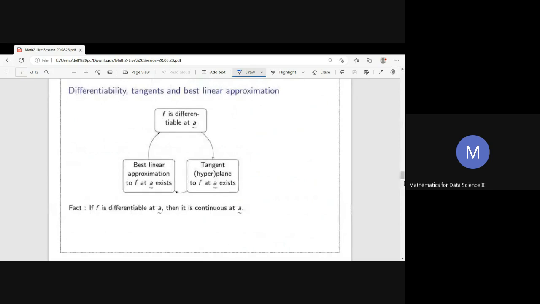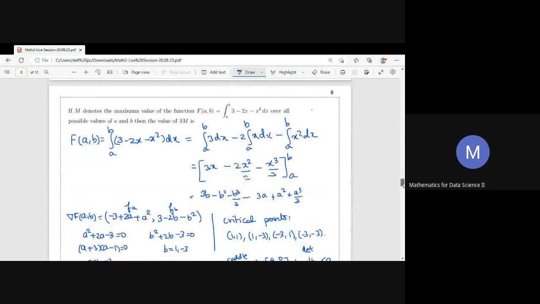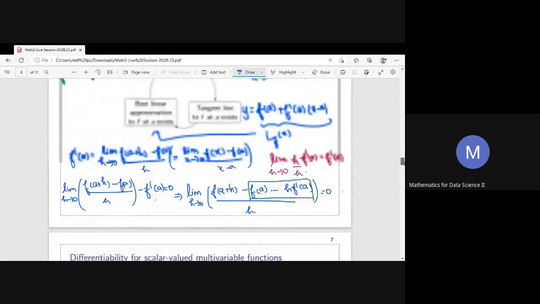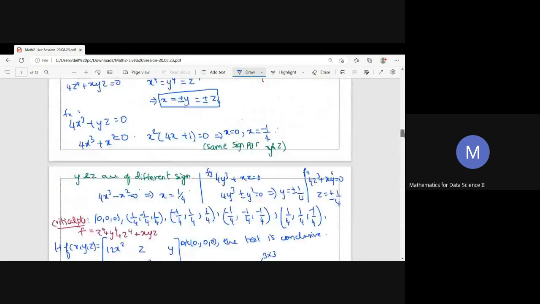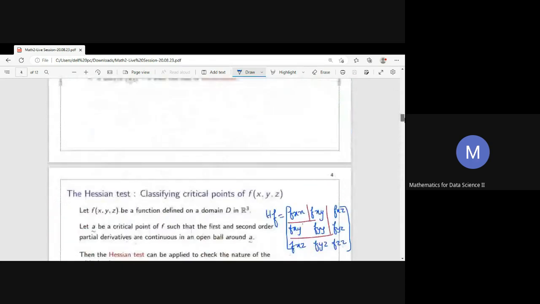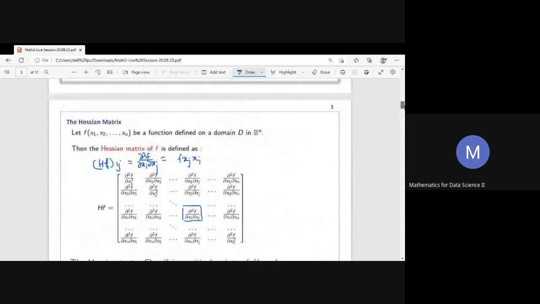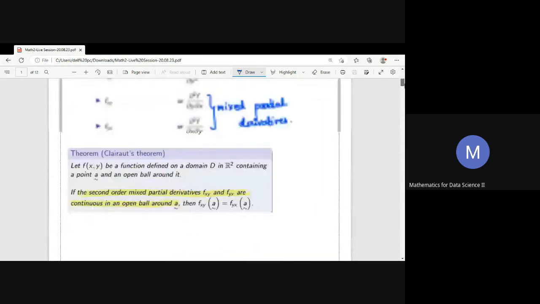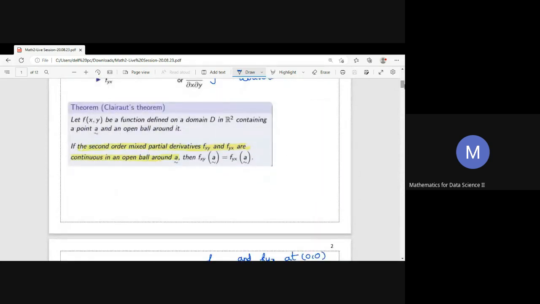I have included only one problem. And there was one question regarding the converse part. I already told you in the previous session that the converse of this theorem is not true: although the partial derivatives at a given point are equal, you still cannot say whether the mixed partial derivatives are continuous or not.